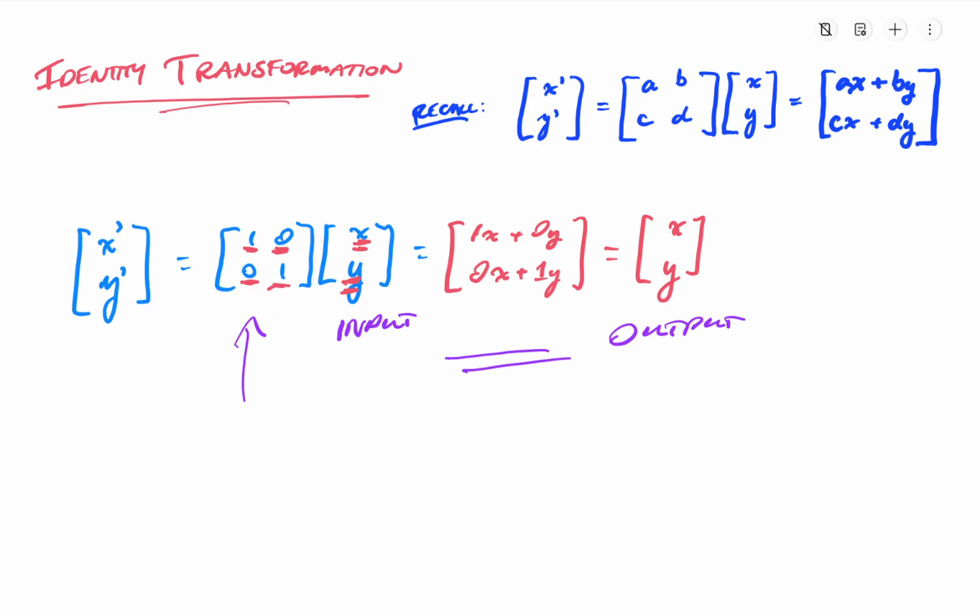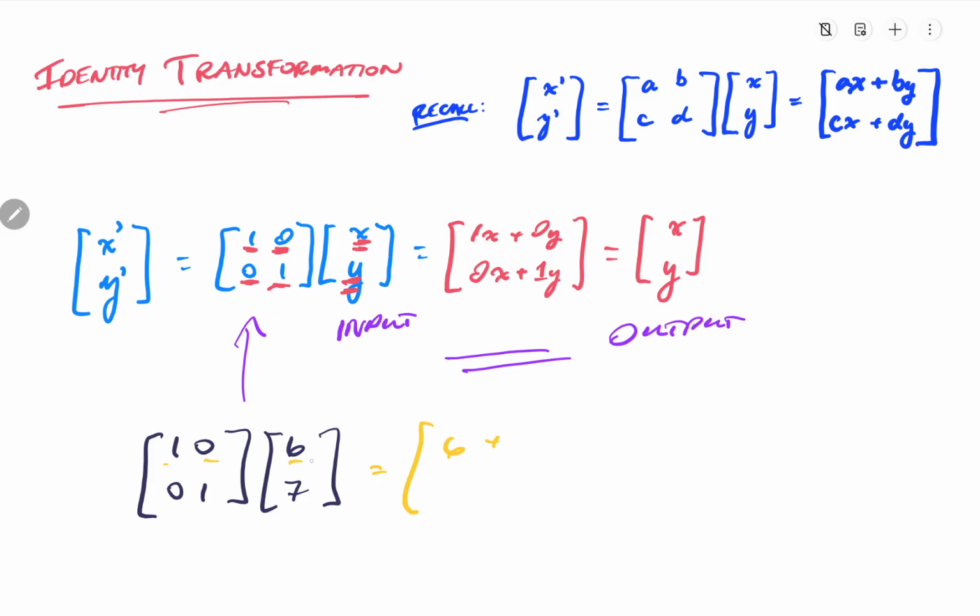So if we had an example, the identity matrix times some random numbers, we would get first times first plus second times second, and you would get the same original numbers.